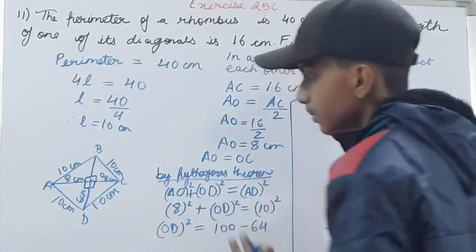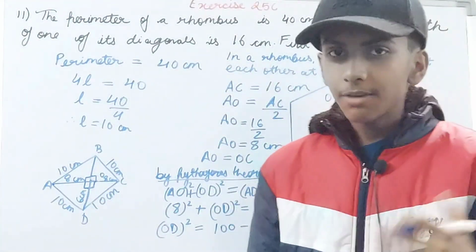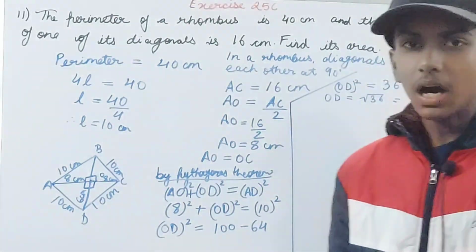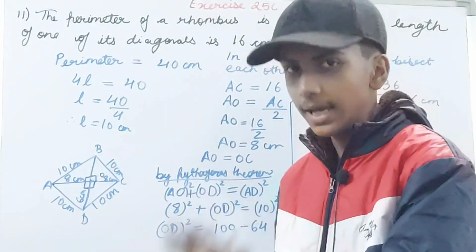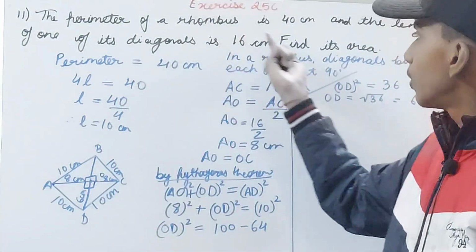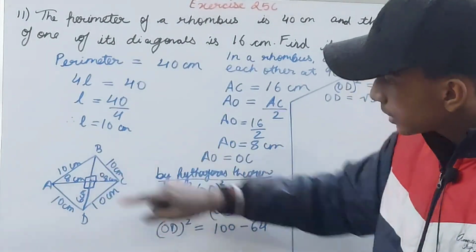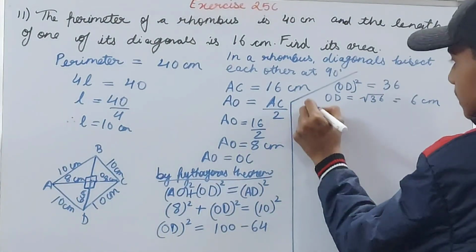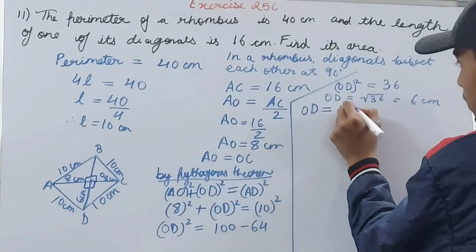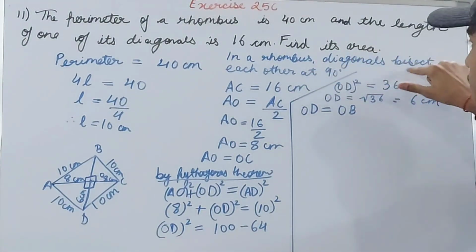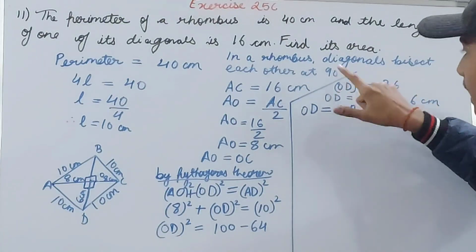Now this OD is 6 centimeters, and we want to find the area. Area is half into the product of two diagonals. One diagonal I have already got. Another I can get by adding this and this. We know OD is equal to OB, using the property that in a rhombus diagonals bisect each other at 90 degrees.